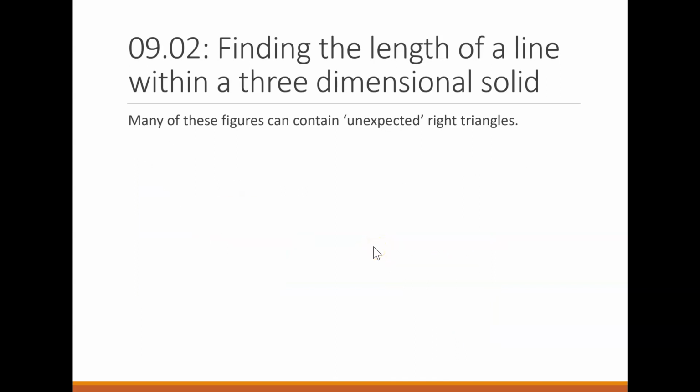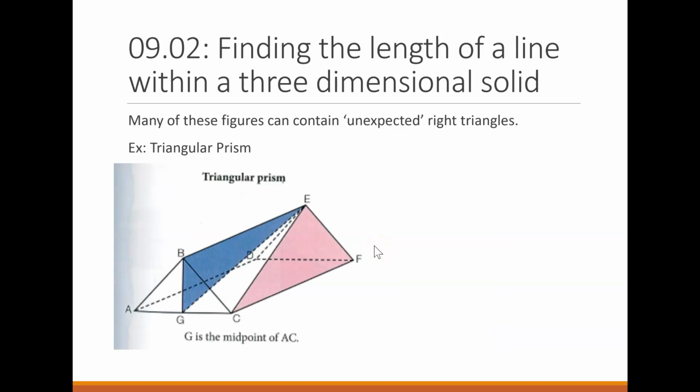Let's do another one. So let's say we have this triangular prism. Again, the pink triangle, I'm guessing that nobody has any trouble seeing that that's a right triangle. Angle F certainly looks like a right angle. The blue triangle, though, is also a right triangle. Which one is our right angle? B. Good.